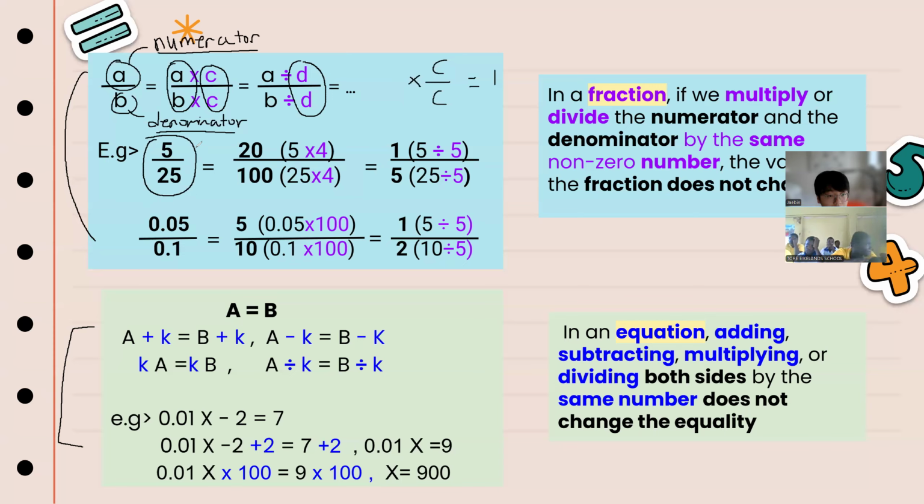So that's why I had this example here. 5 over 25, if you multiply by 4 over 4, becomes 20 over 100. But that fraction is the same as 5 over 25.